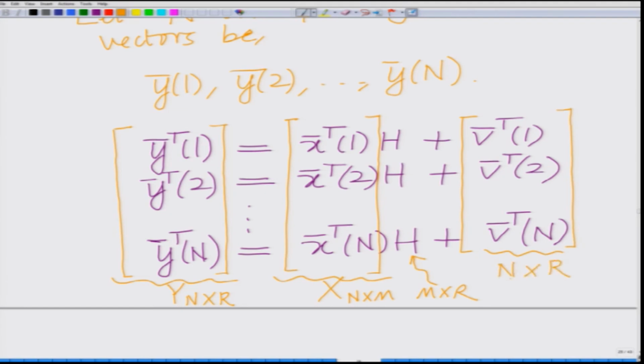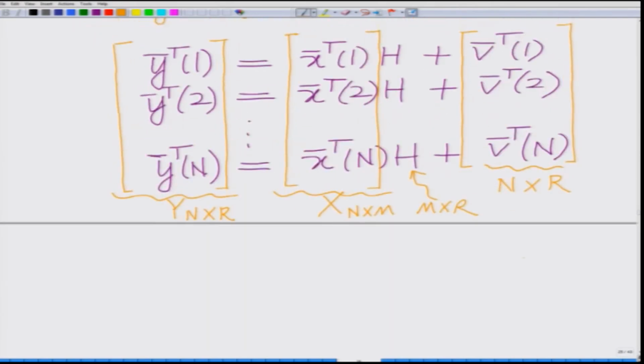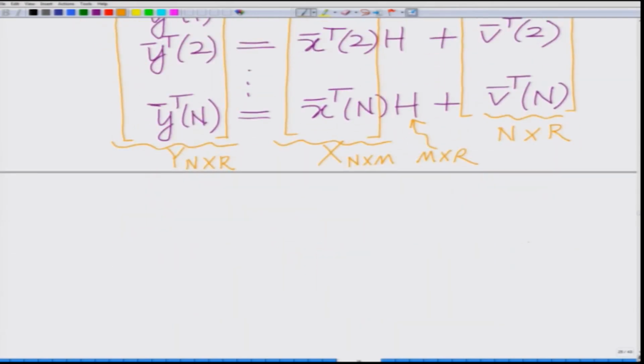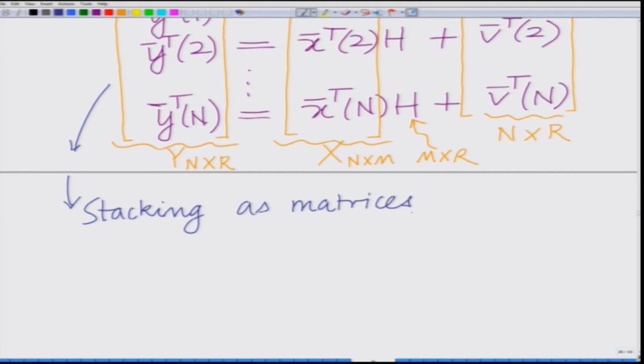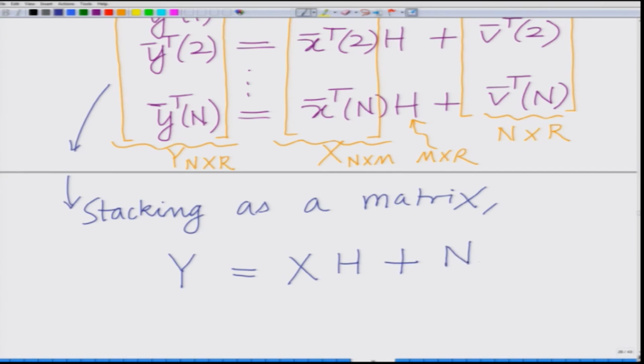This is the n cross r noise matrix. Therefore, stacking all the input output vectors corresponding to n time instants as matrices, we have Y equals X times H plus V.